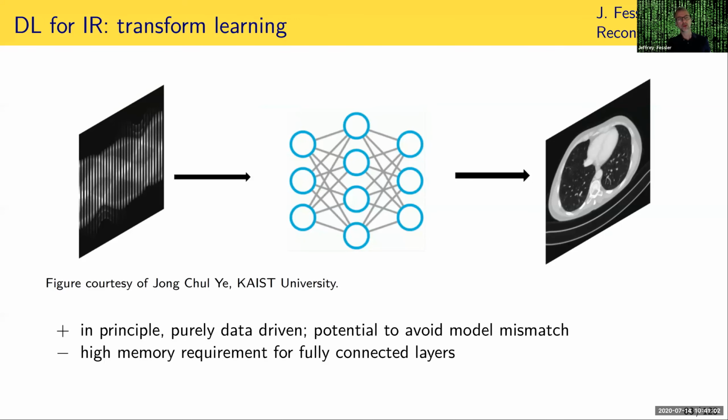There are a few ambitious people who've tried to directly learn a transform that takes you from the raw data to the reconstructed images. I've seen this now in MRI, a method called AUTOMAP, and also in CT and PET and SPECT. And in every single case, they've only been applied to relatively small data set sizes, because the relationship between data and the reconstructed image is not very convolutional.